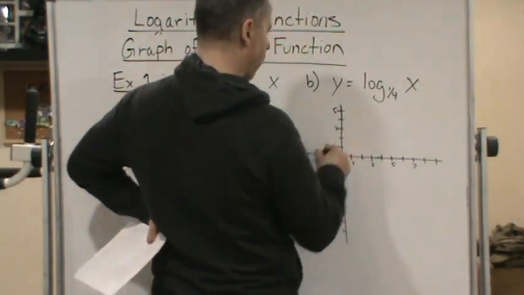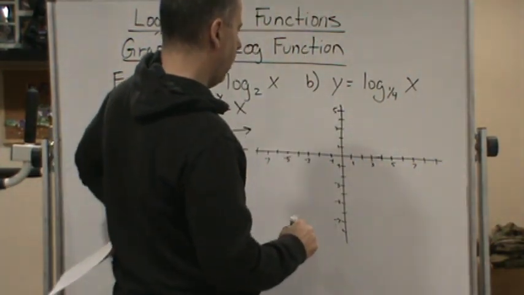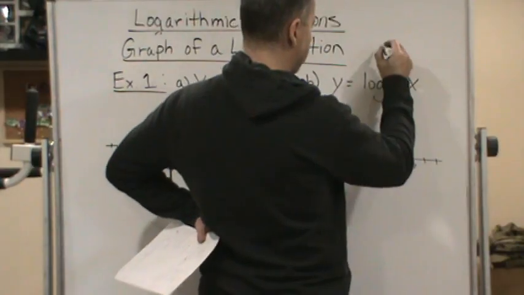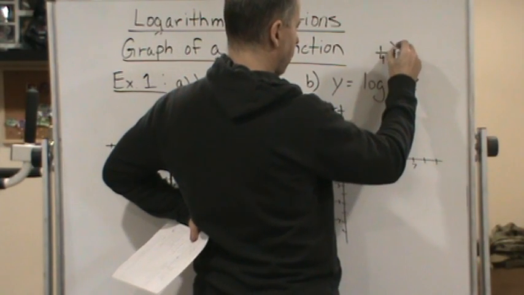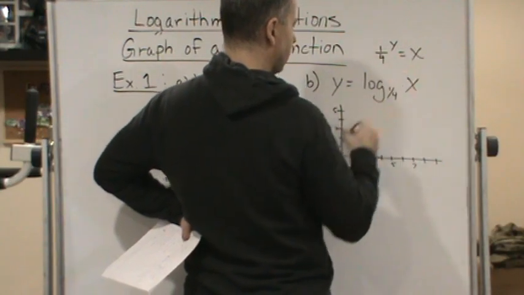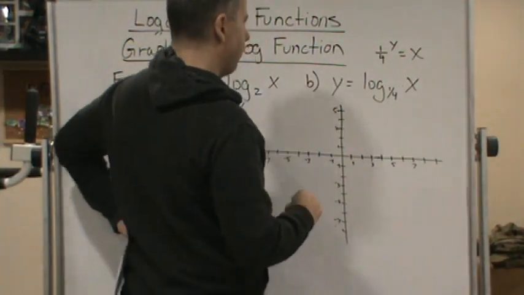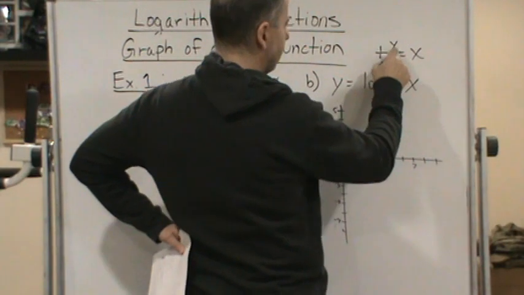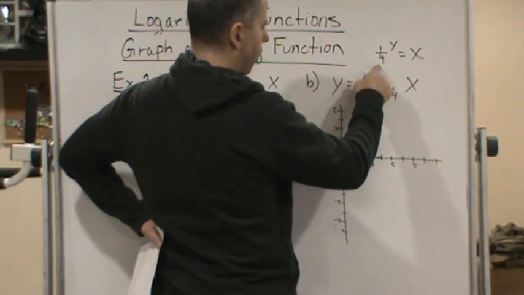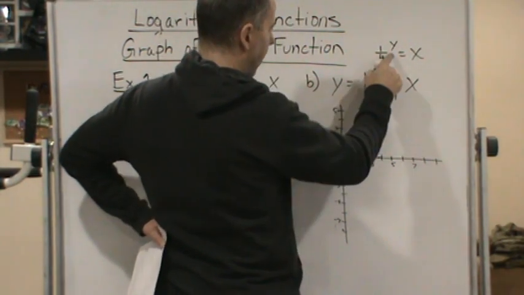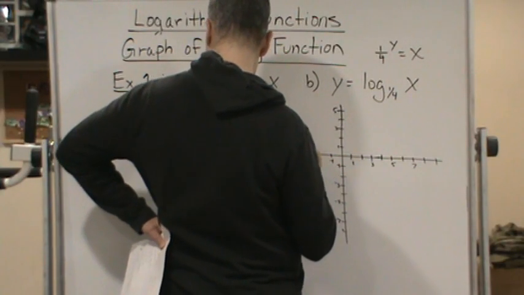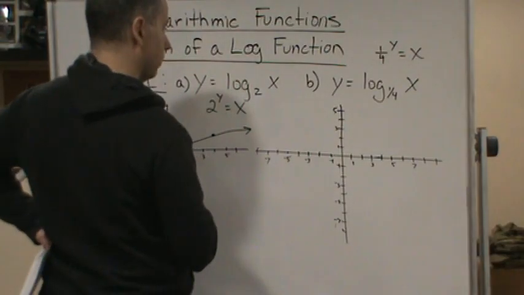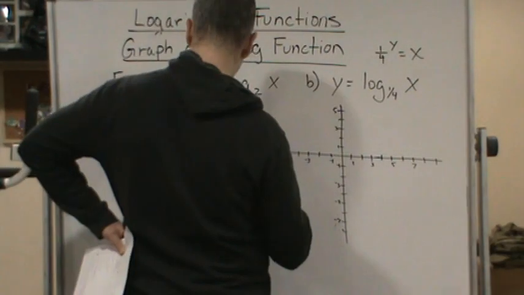Let's do this one, 1/4. Let's write this again in exponential form. So this is 1/4 to the y equals x. Again, if we look at powers of y, if y is 0, x is 0, so it still goes through, oh, hold on a second. 1, I'm sorry.